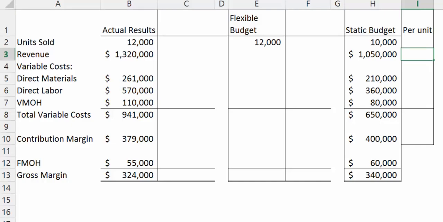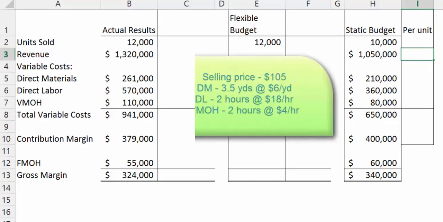We want to express that in dollars. So you remember that our selling price is $105. Our direct materials was budgeted to be $6 per yard, 3.5 yards per unit, or $21 total per unit. Direct labor was budgeted to be $18 an hour, 2 hours per unit.